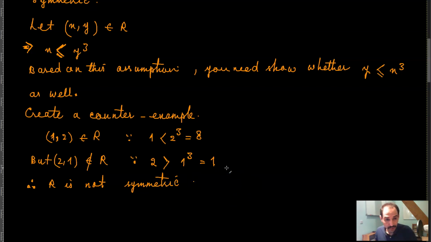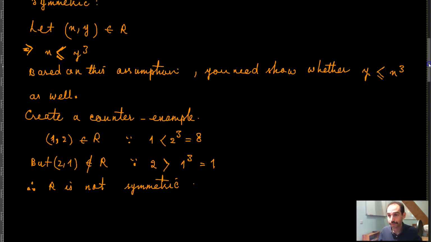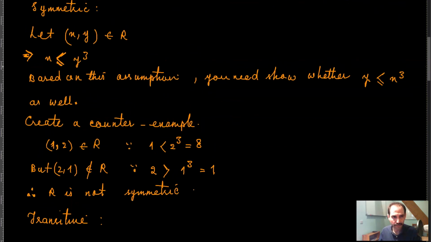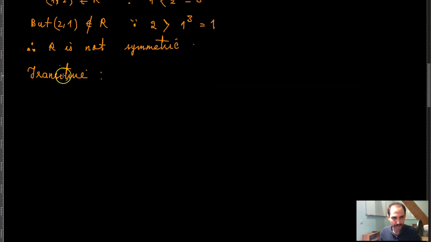Now, in order to show whether R is transitive or not, since I'm dealing with an inequality and the third power of some variable, I'm going to use a counterexample.